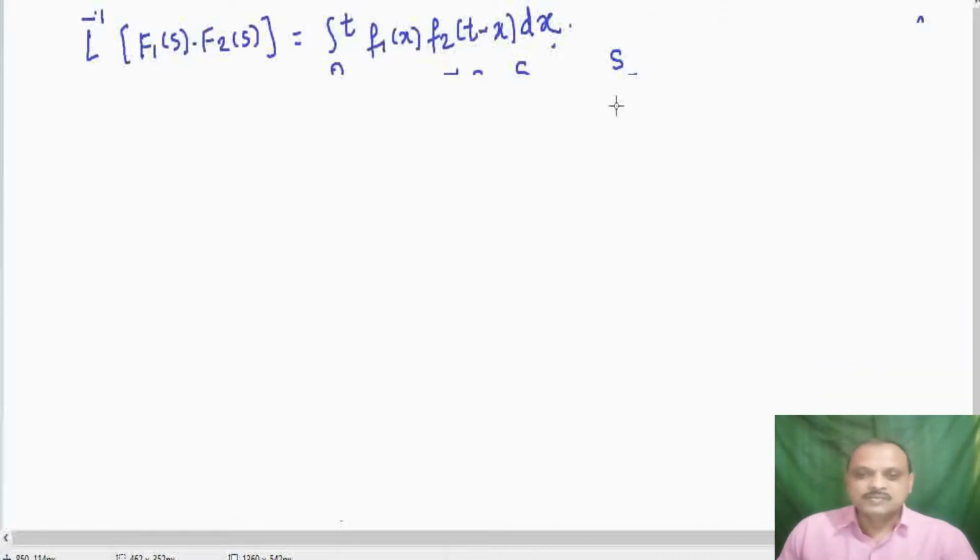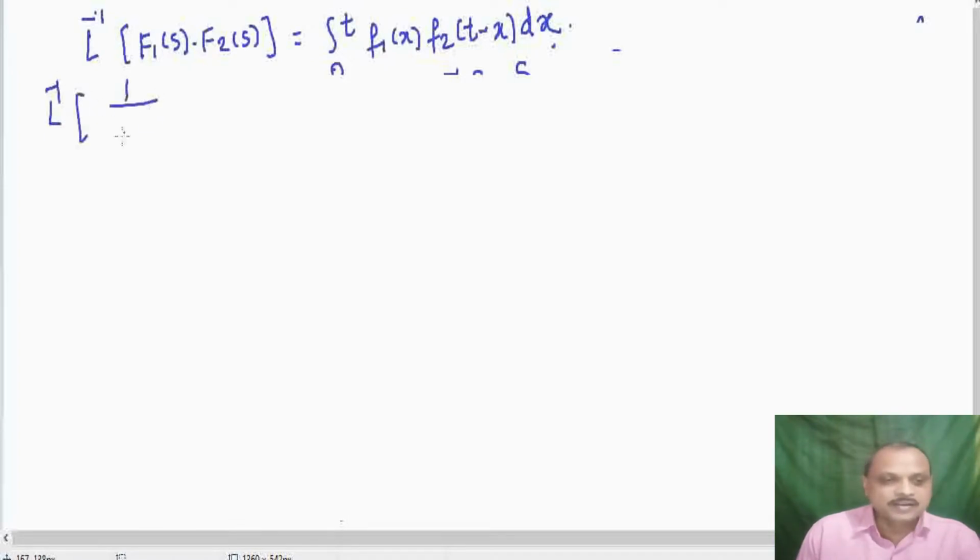Now let us see one more problem to get the idea clear. Let us find L inverse of 1 divided by S into S square plus A square.